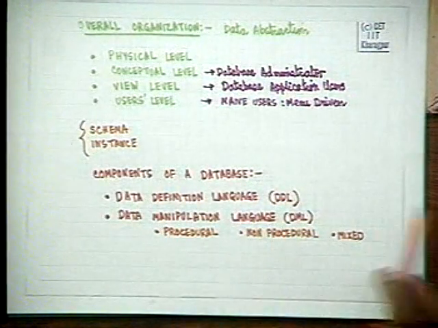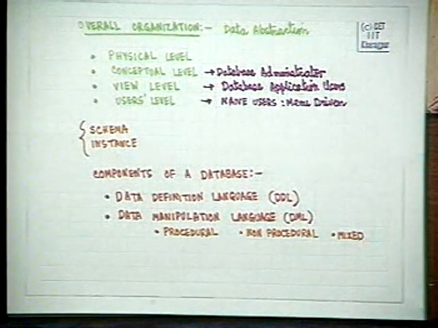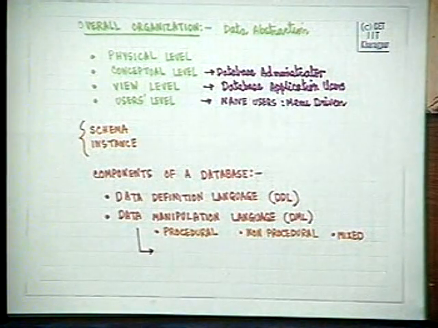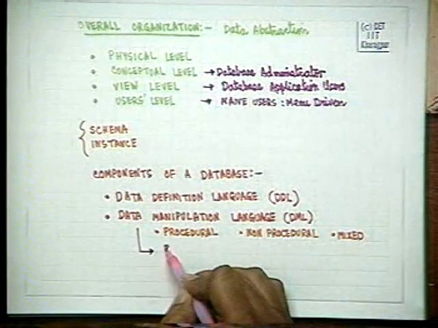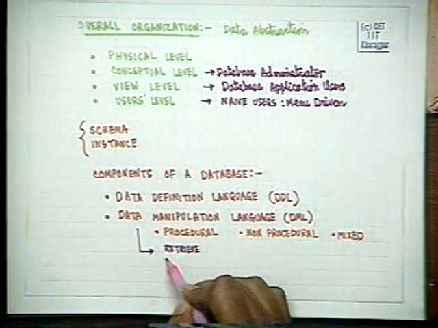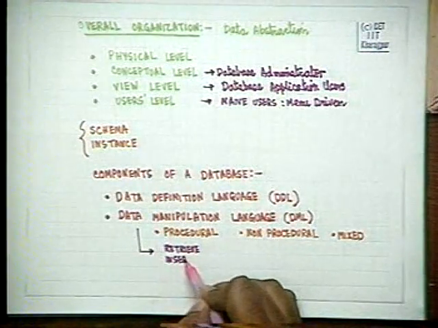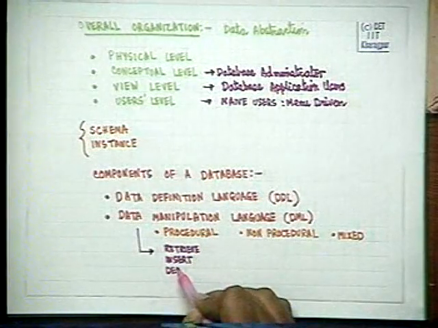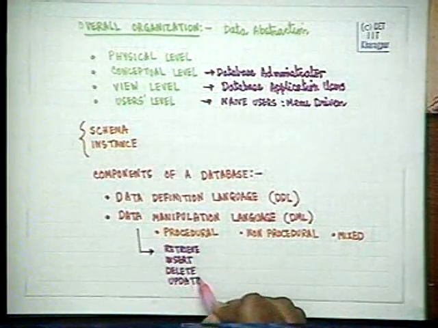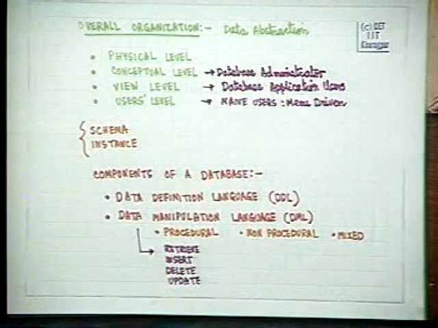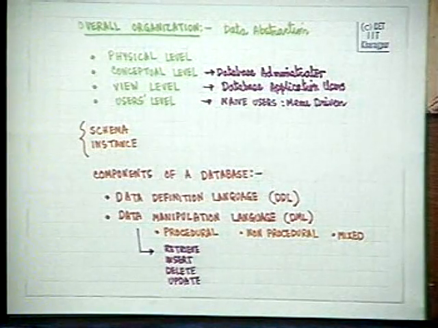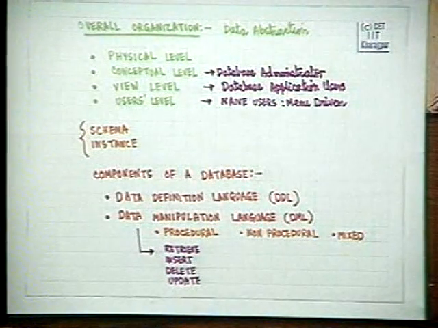The basic job of a data manipulation language, the 4 or 5 simplest operations, are retrieve, insert, delete, and update. These are just the operations that will go on. It will either retrieve some information, insert new information, delete or update.